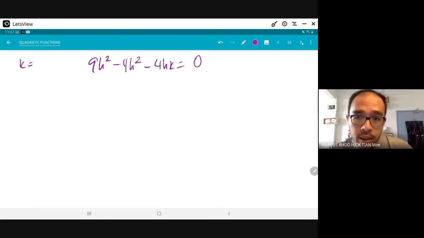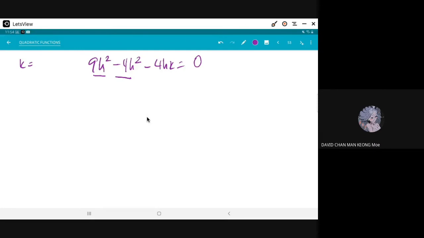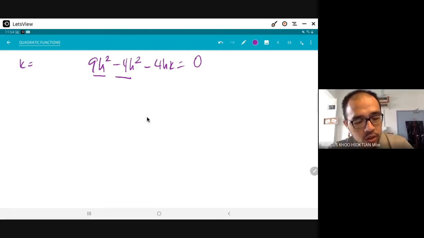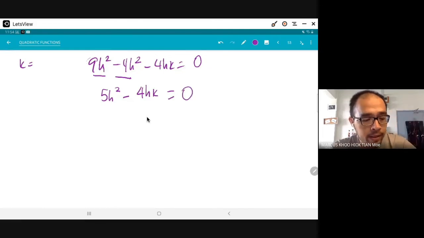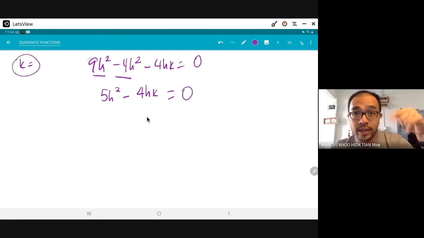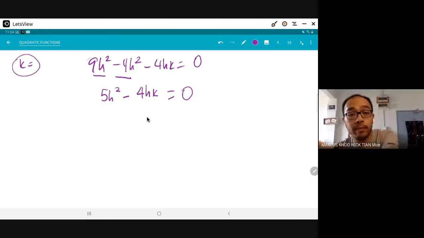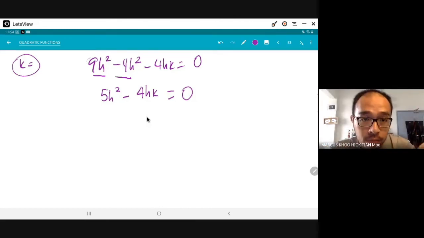Saidatul, are you there? After this what do we do? 5h squared. Okay, so 9h squared minus 4h squared now will give you 5h squared, minus 4hk equals to 0. So our ultimate aim, guys, is to make sure that it's k equals to blah blah blah. So what is the first thing that I should do?